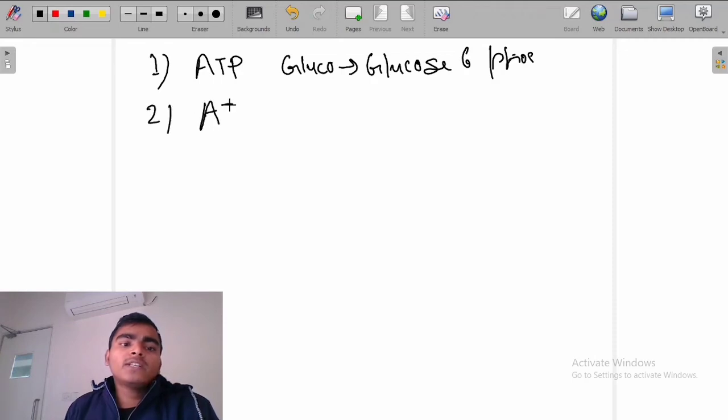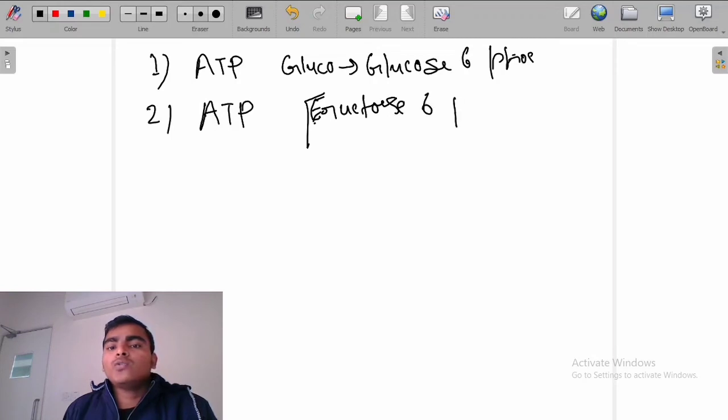The second ATP molecule we invested where we converted fructose 6-phosphate into fructose 1,6 bisphosphate.